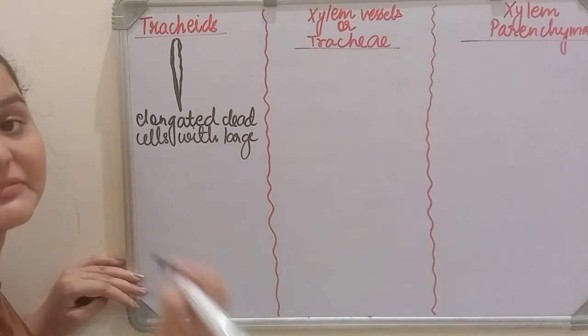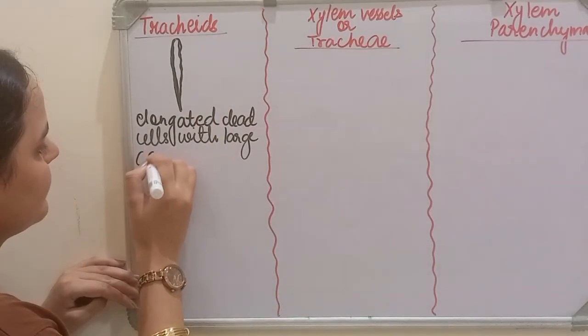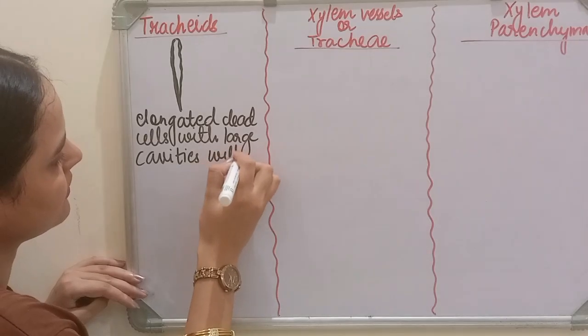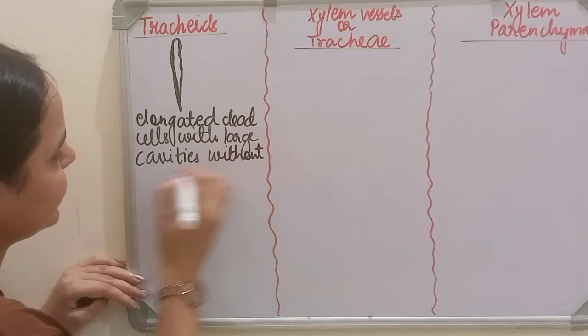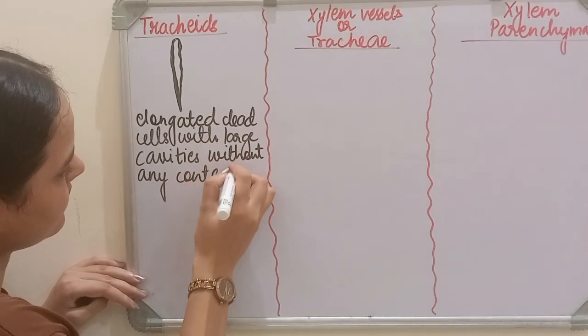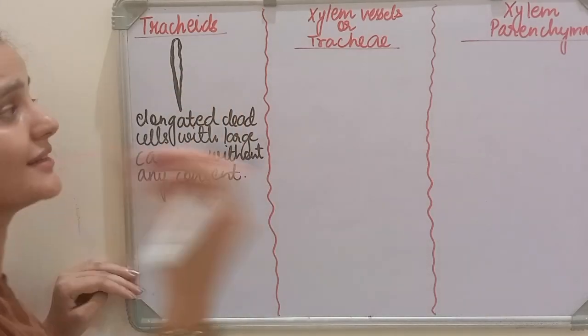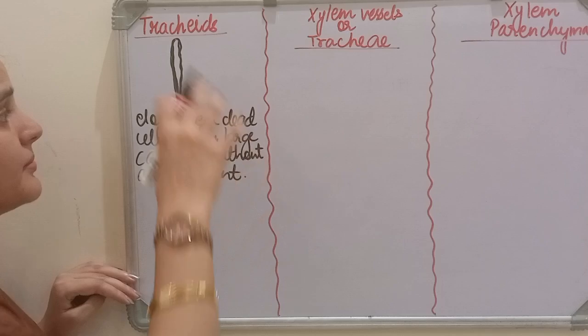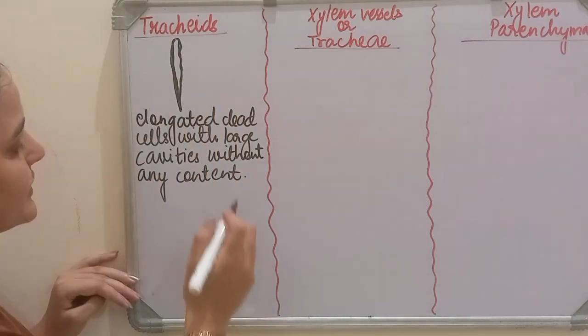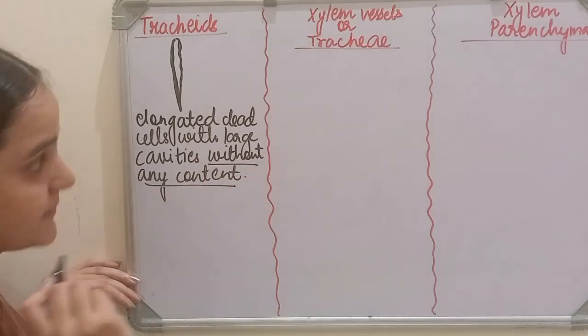You may see this empty space which is known as cavity without any content. You won't see organelles like mitochondria, chloroplast, all these organelles present inside this tracheid. So these are without any content.